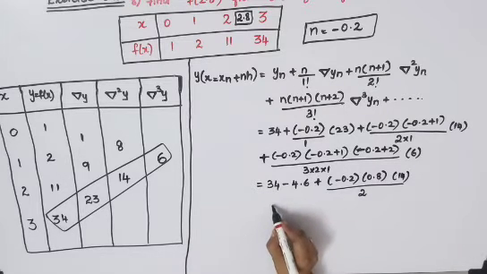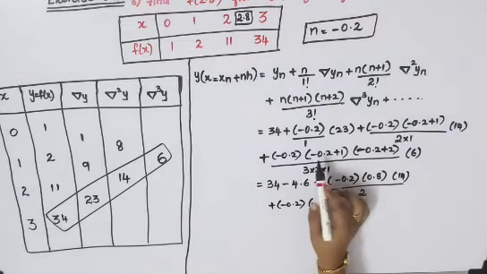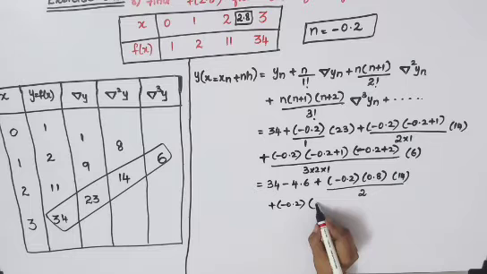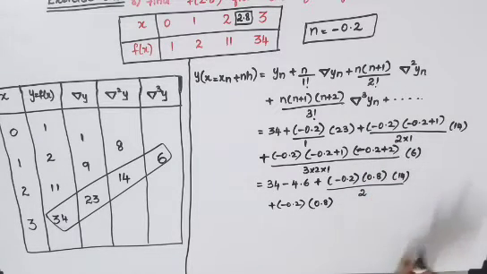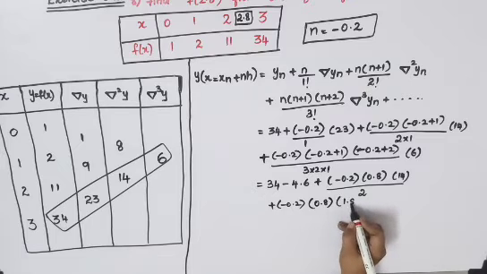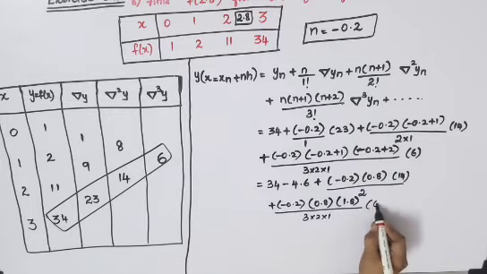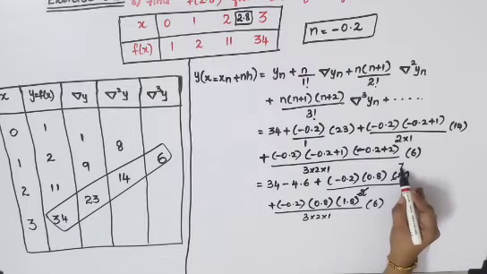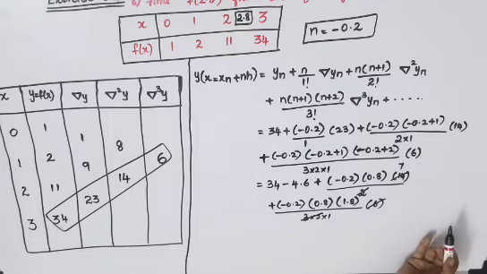The next value is plus minus 0.2 into 0.8. Next is minus 0.2 plus 2, you'll get 1.8, divided by 3 into 2 into 1, into 6. So you can cancel this 2 and this 14, you'll get 7. And here also 3 twos are 6, as it is with this 6, you can cancel it.